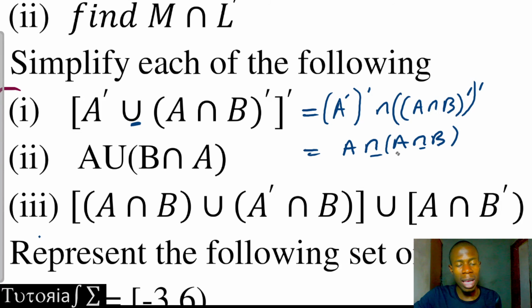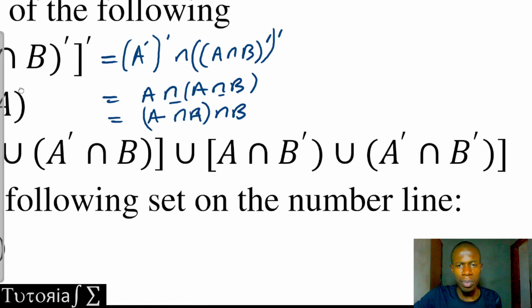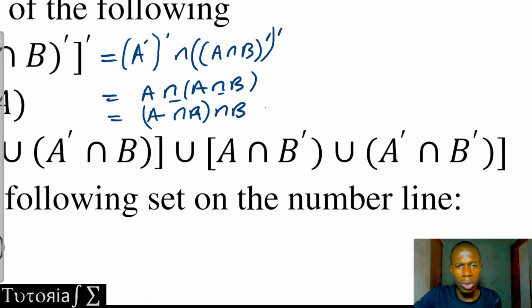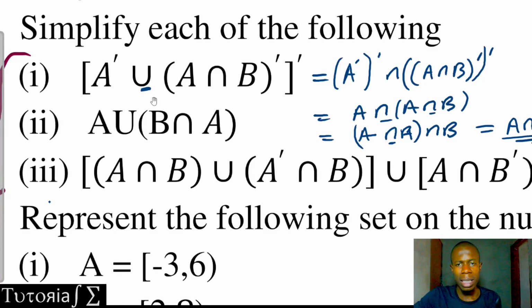We can use the idempotent law, that is, this can be written as A intersection A intersection B. This will be equal to, what does A and A have in common? Intersection there will just be A, intersection B. So that is the answer for question 1. The answer there is A intersection B.